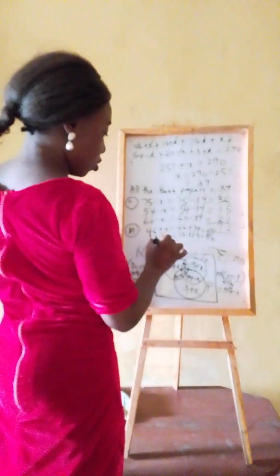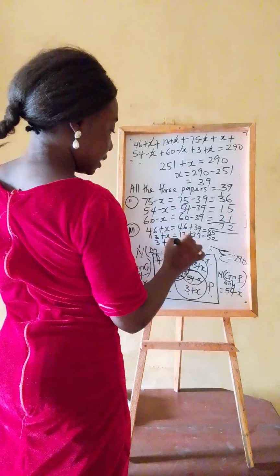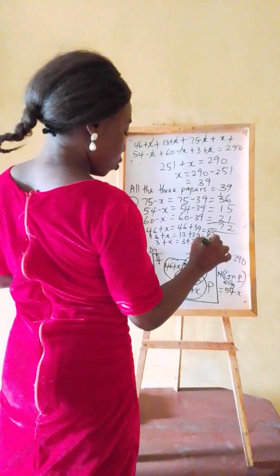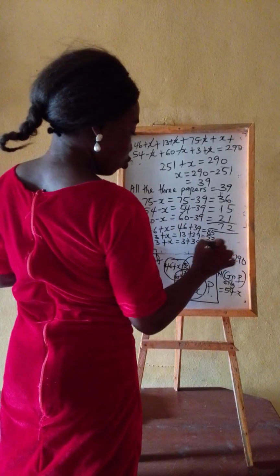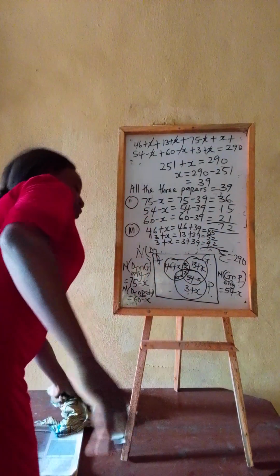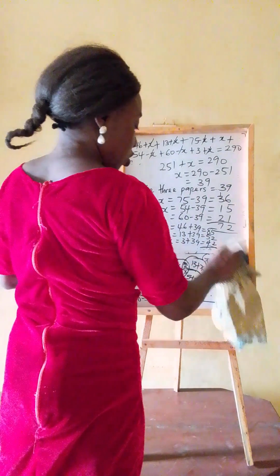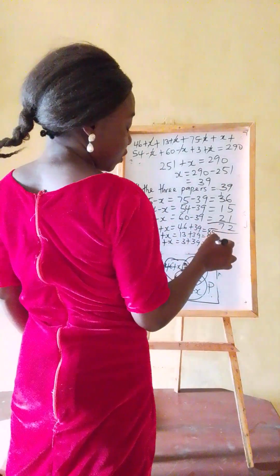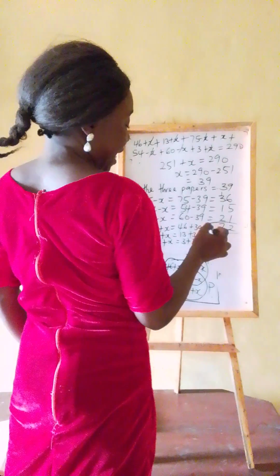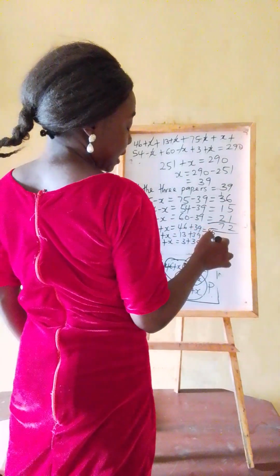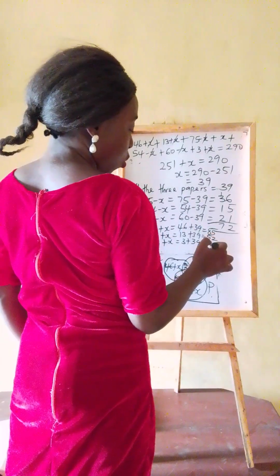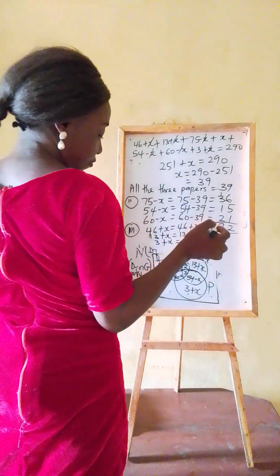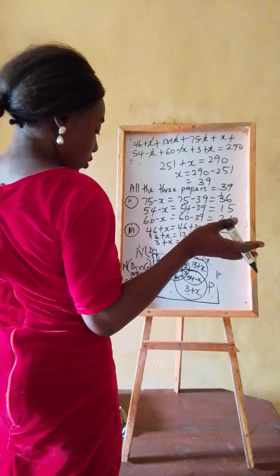We have 3 plus x, and that's 3 plus 39, that is 42. So you add up, and we have 179.